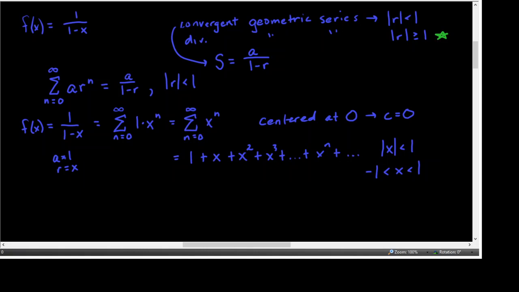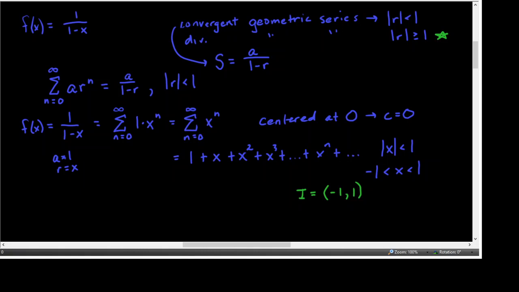So, in this particular instance, we do not have to check the endpoints like we did before with the ratio test or a root test, because if you're using a geometric series idea, like we did here, when it looked like some number over 1 minus some function of x, it will only converge when the absolute value of r is less than 1.